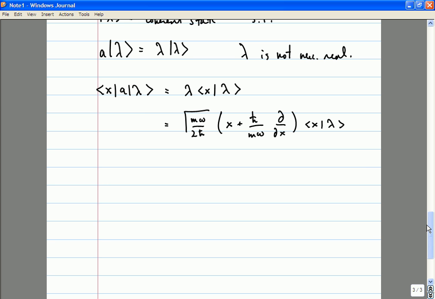And so you see that this turns into a differential equation that is obeyed by the wave function of the coherent state.